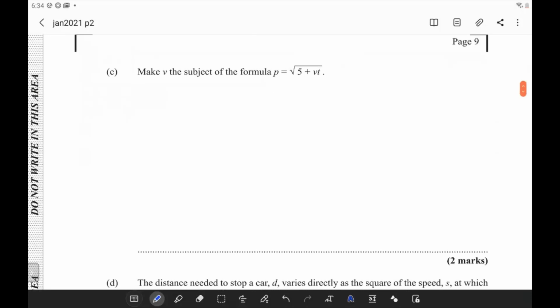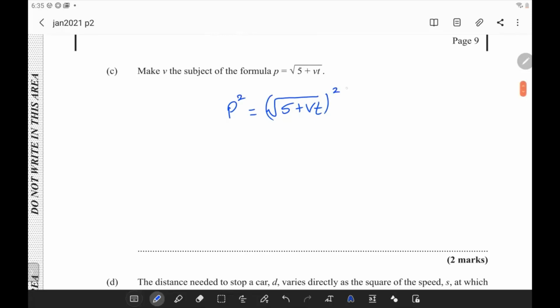This one asks us to make v the subject of the formula. So notice that v is under the square root. So we want to get rid of the square root. So we have p is equal to the square root of 5 plus vt, squaring both sides to get rid of the square root.